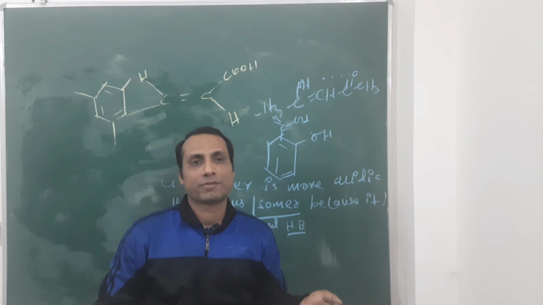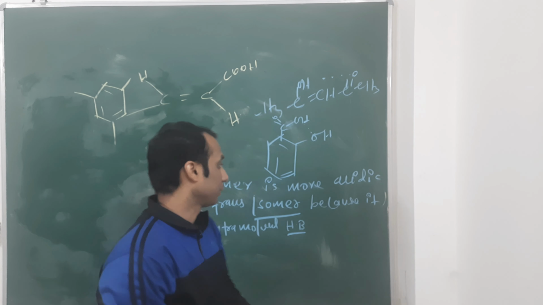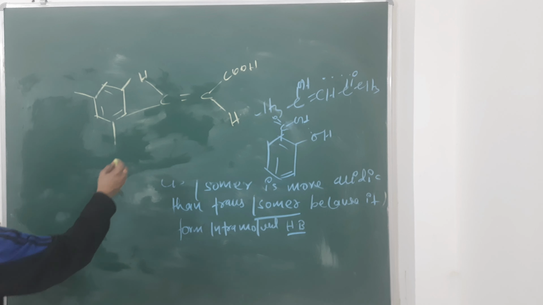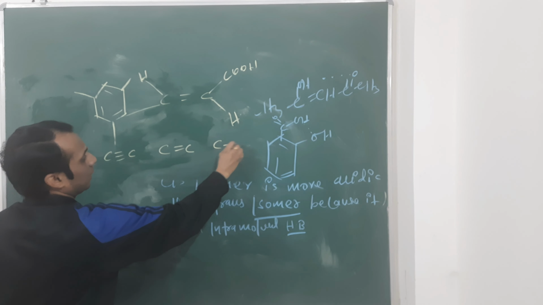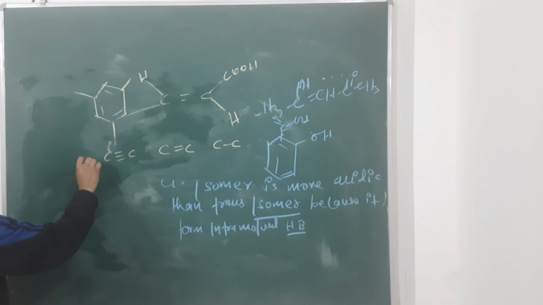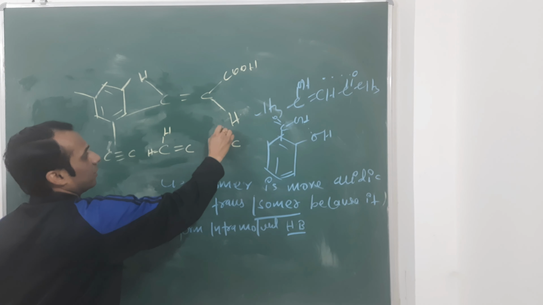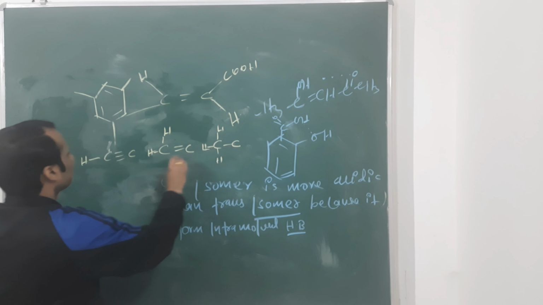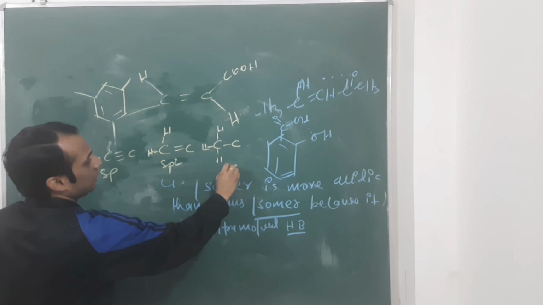Correct. Now, as far as the acidic character of alkane, alkene, alkyne is concerned, see here, student, alkyne we have C, and here is the C and single bond C. So what I am telling you, there is a hydrogen, and here all the three hydrogens are there. So sp, sp2 and sp3.